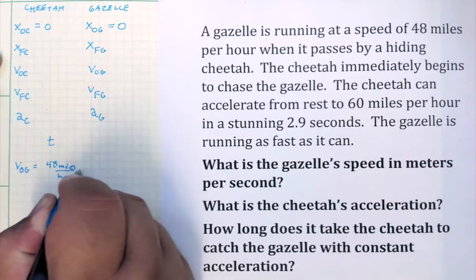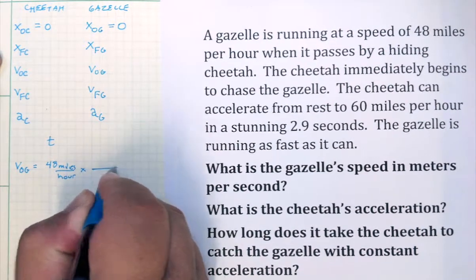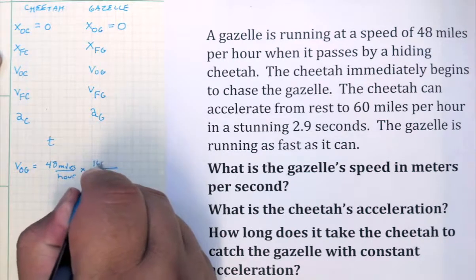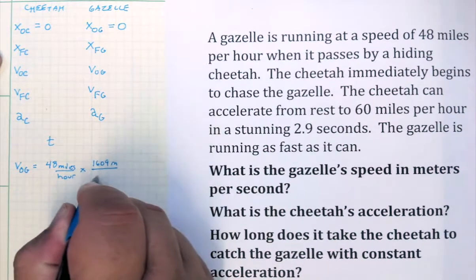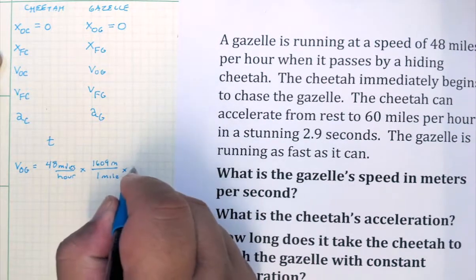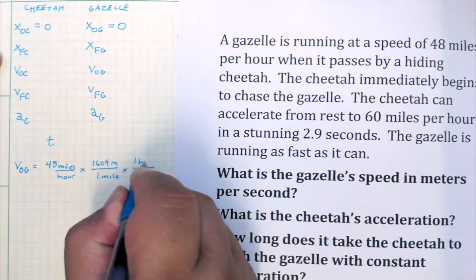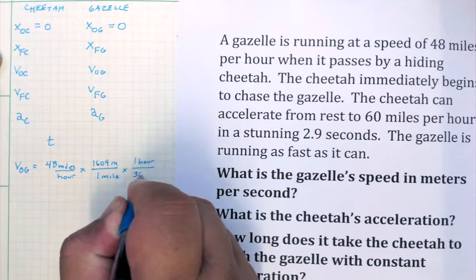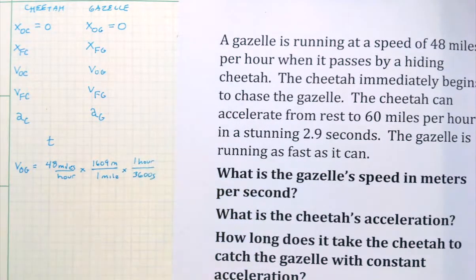hour. We go through our unit conversion procedure where there are 1,609 meters in 1 mile, and 1 hour is 3,600 seconds.